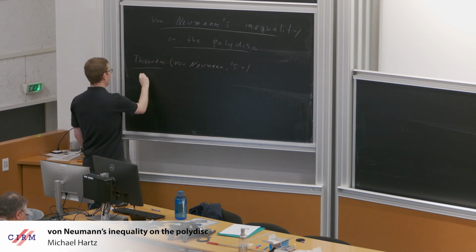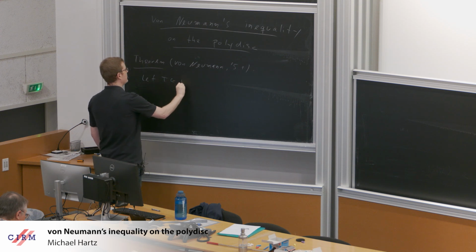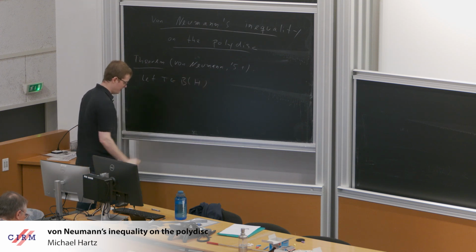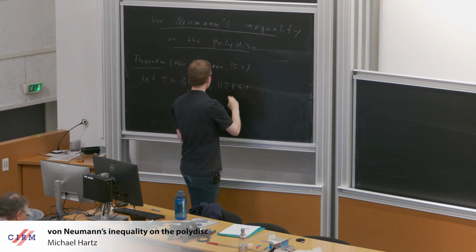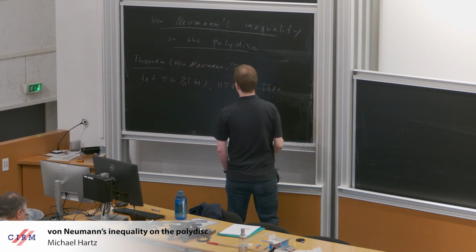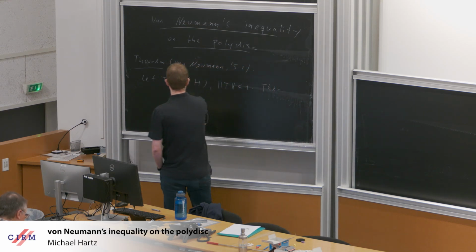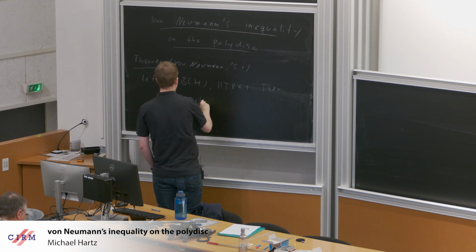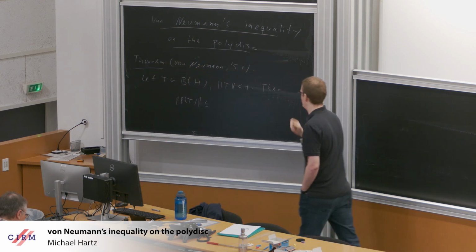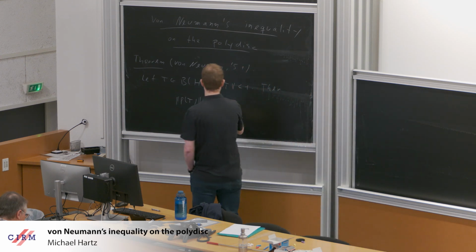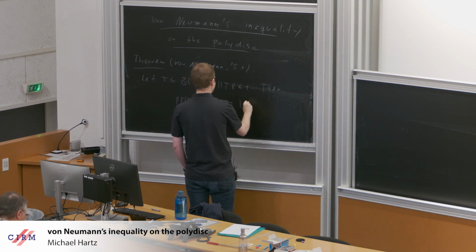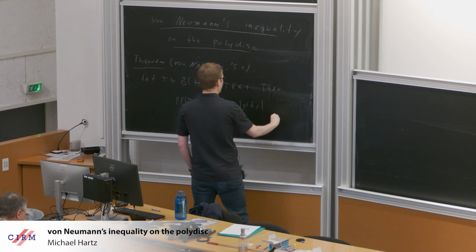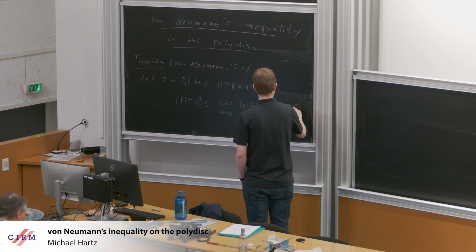And it says that if you take an operator T on a Hilbert space H that has operator norm at most 1, and if you plug it into a polynomial P and you compute the operator norm, then this is at most the sup norm of the polynomial over the disk. Right? So, for all polynomials P.